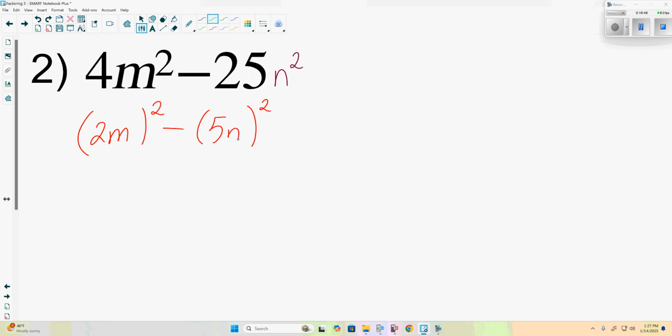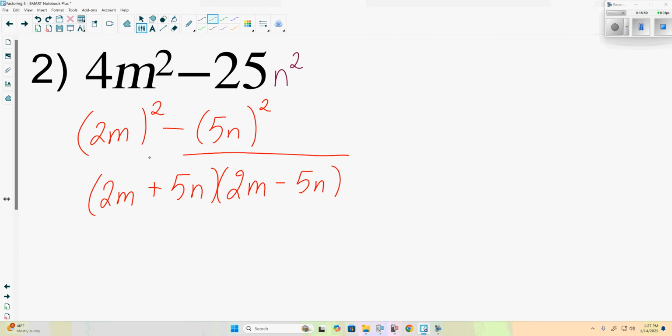So this will factor to what? 2m plus 5n times 2m minus 5n. That's it. Questions on this here? Any questions on difference of perfect squares so far?